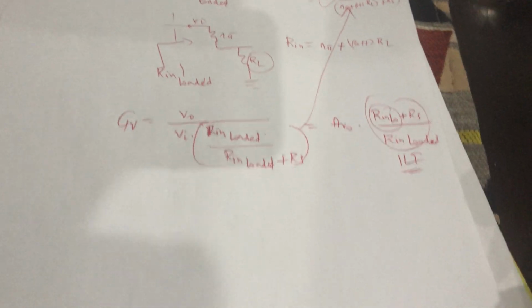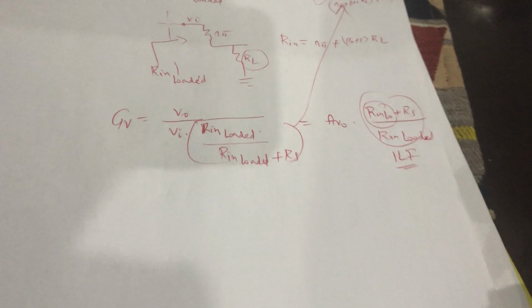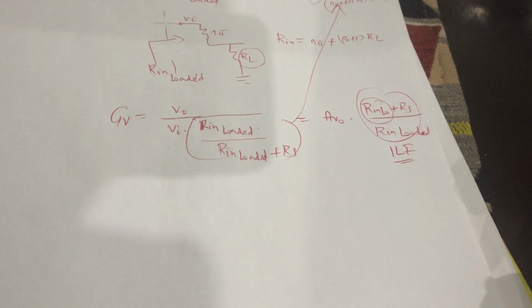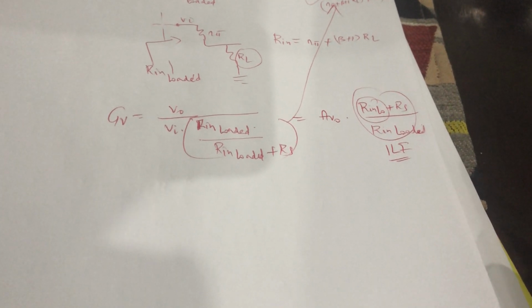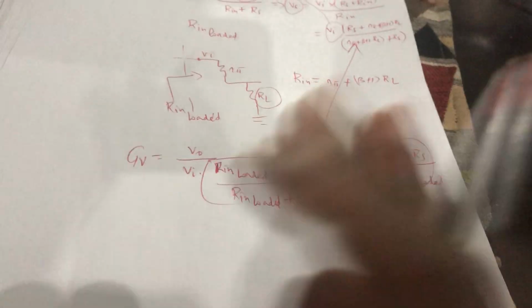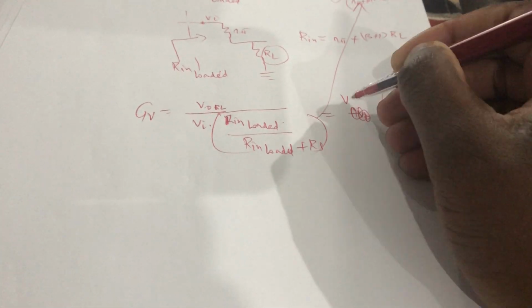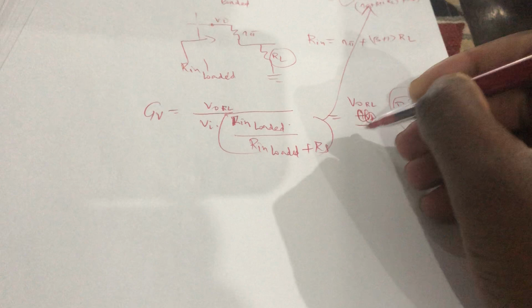At the same time, we also have to consider the impact of RL on the output. So RL influences the input as well as the output. Because now this is V out with RL, it's no longer the V out we considered before. So that will be V out with RL over V in.